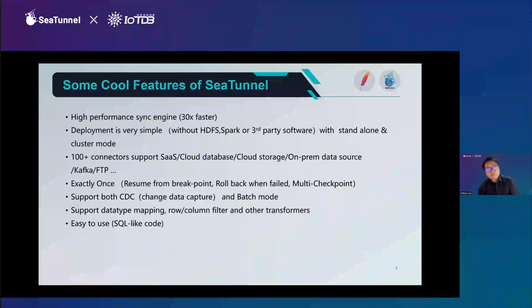First is the high performance synchronization engine. We have a test report showing it is more than 30 times faster than other synchronization engines. And the deployment is very simple, because if you want to deploy Apache SeaTunnel, you needn't deploy HDFS or Spark or Flink or any other third-party software.